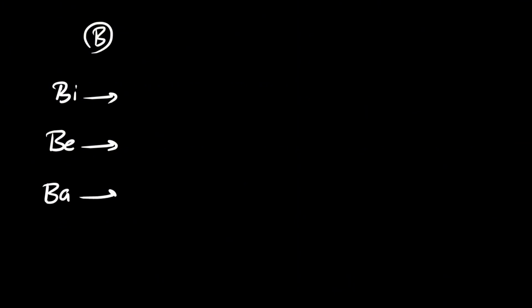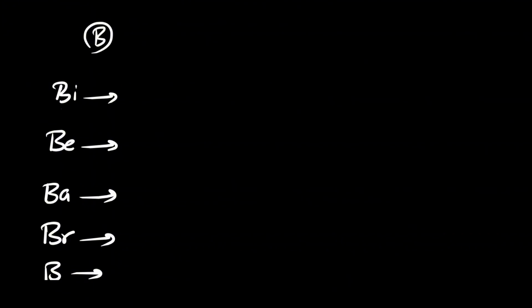For the next letter we have B. Basically you just take the first three vowels, so you have BI, BE, BA, and BR, and just the B itself.